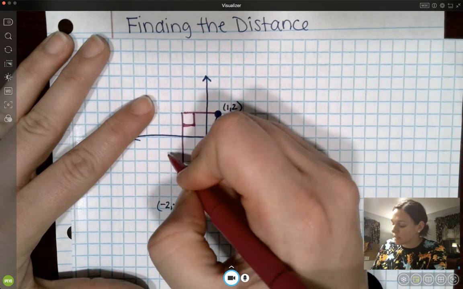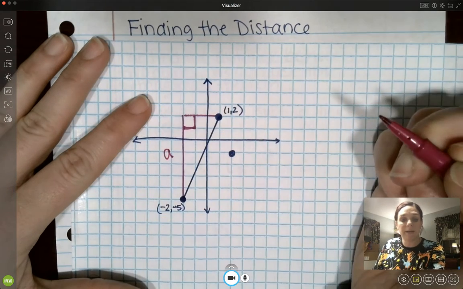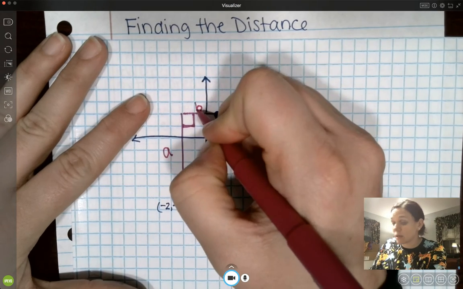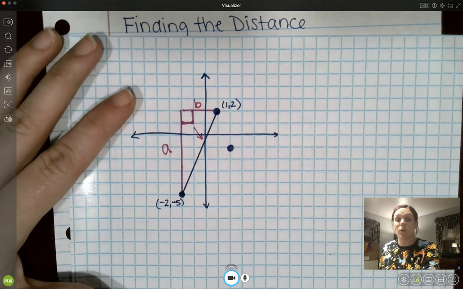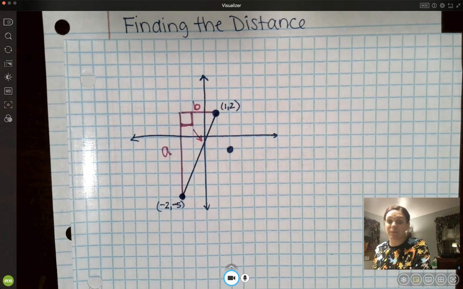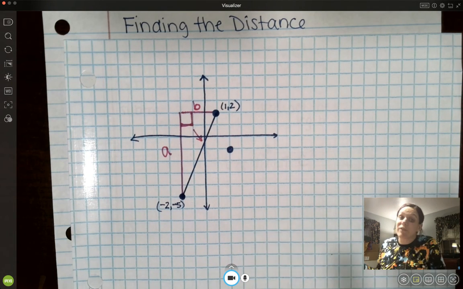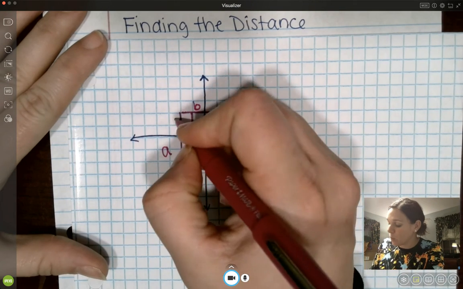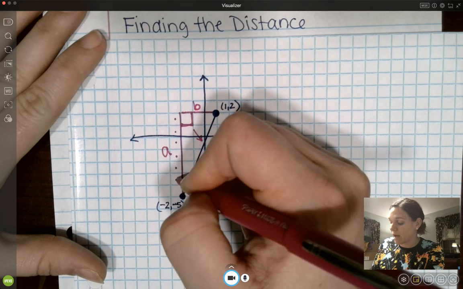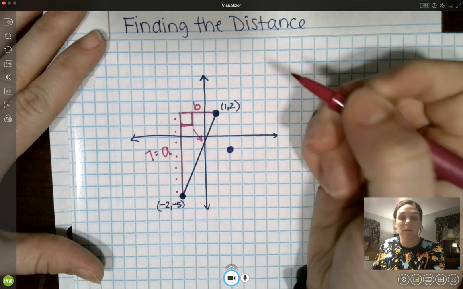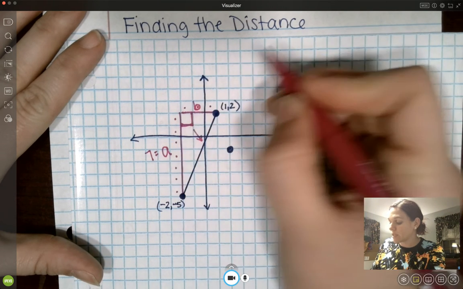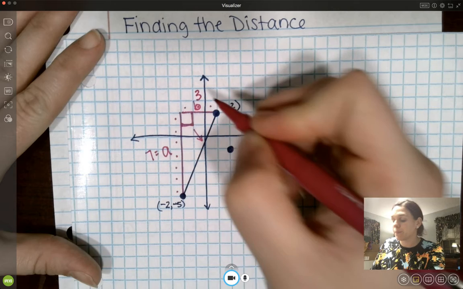So this distance here would be my leg A. This distance here is my leg B. And that means the distance that I'm looking for is the hypotenuse. So once it's on a graph, I can count the squares and I can say, well, 1, 2, 3, 4, 5, 6, 7 squares. So leg A is 7. And 1, 2, 3 squares is my leg B.